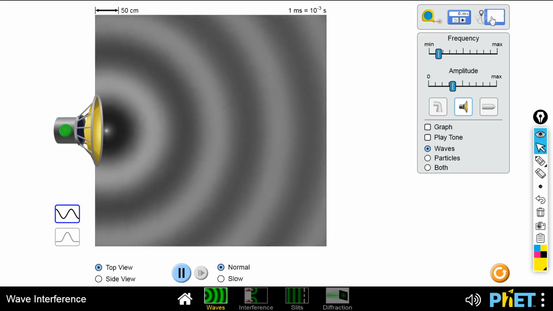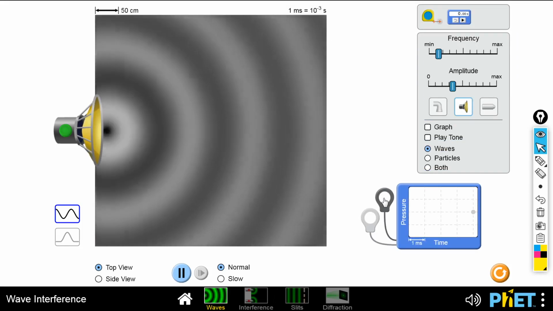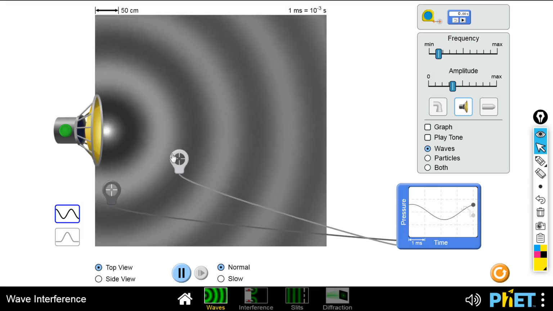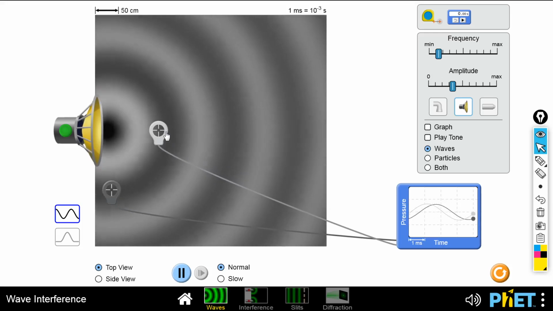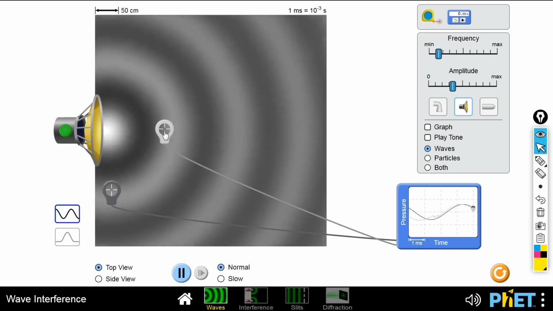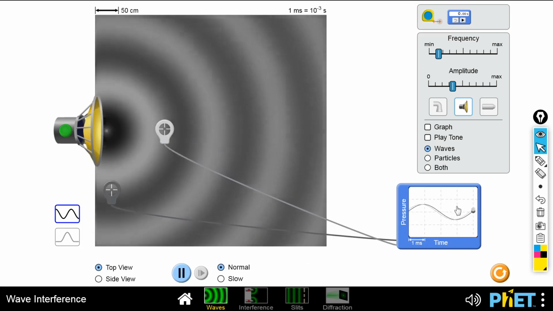And if we were to pull down our measuring graph here and measure it, we can measure it here, and we can measure it over here, and it's not quite in phase. Oops, wrong direction. There we go. We can see that they're about the same amplitude there.